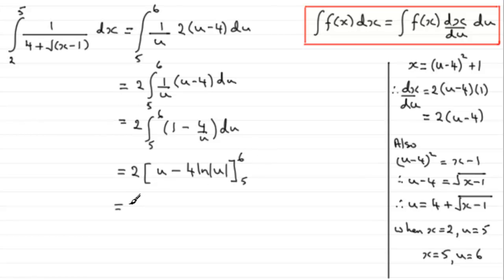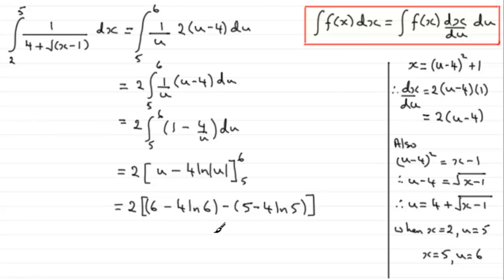Substitute our values in now, and we have got 6 first of all, so it's going to be 6 minus 4 times the natural log of 6, 6 being a positive value, so I don't need the mod there. And then put the 5 through, and we've got 5 minus 4 times the natural log of 5. So put that in there.